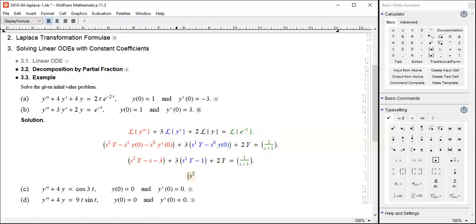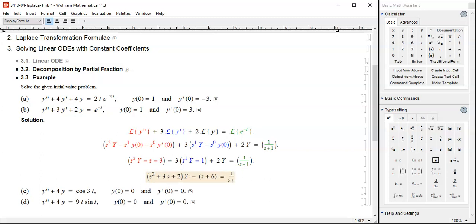So s squared plus 3s plus 2 times capital Y, and let's see, we have s, and then minus 3 and then another minus 3, so plus 6. I hope I'm doing this right. Let's see, minus s, minus 3, and then another minus 3.